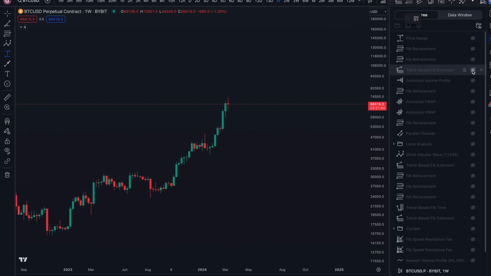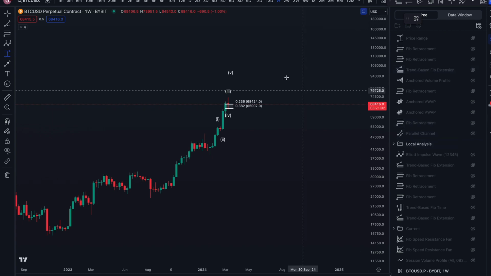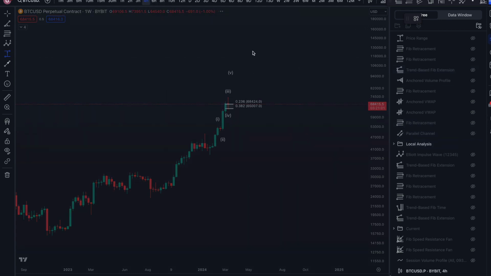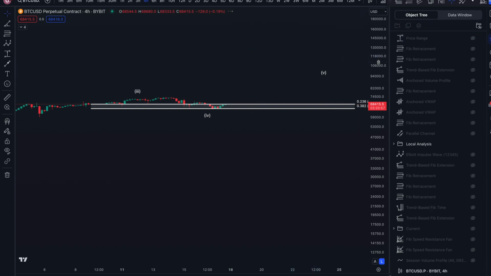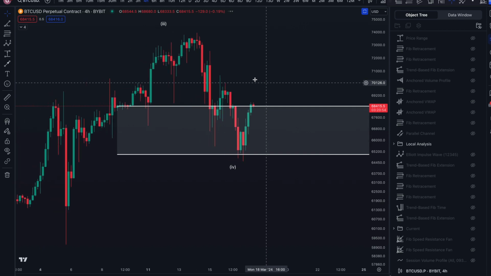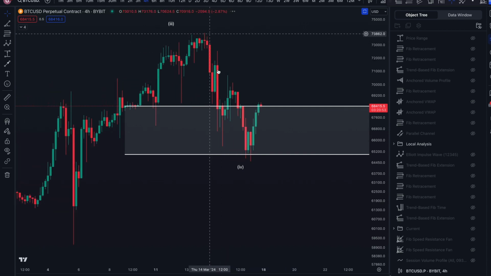If I go back to the local analysis, you can see the mini correction that's happening right now from the top all the way down is probably about 10%. But imagine that on a much larger scale.